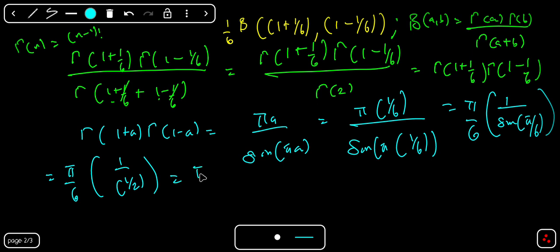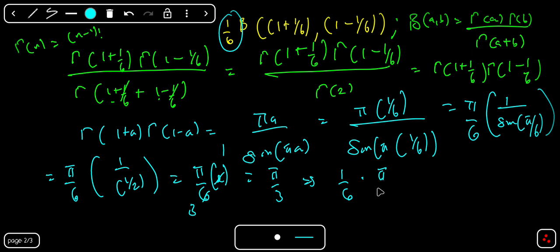So we have pi over 6 multiplied by 2. 2 times 1 is 2, and 6 divided by 2 gives 3. So we have pi over 3. Then we remember that this is 1 over 6 right here. So we have 1 over 6 multiplied by pi over 3, and that gives us pi over 18. And so that is the answer to that elegant and beautiful integral.